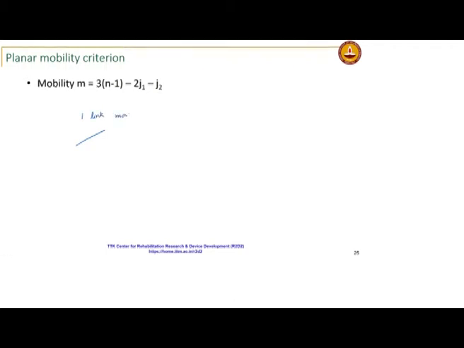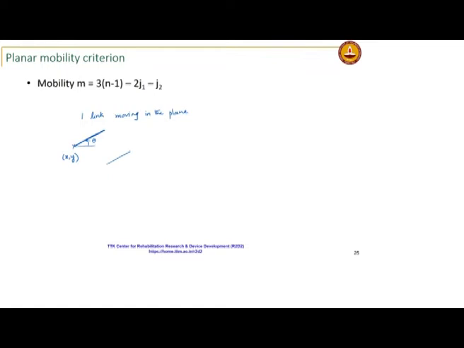I have a link moving in the plane, I need how many degrees of freedom? 3 degrees of freedom, because I need the x and y coordinates of one point and the orientation of one link in the plane. Typically that is what I need.